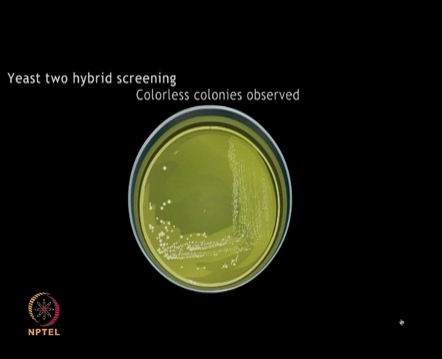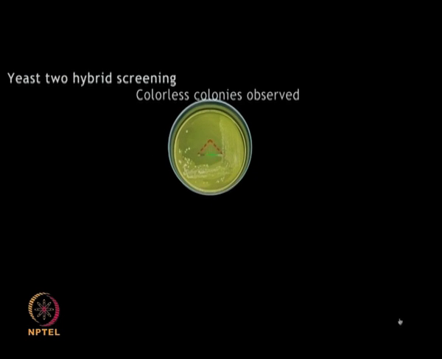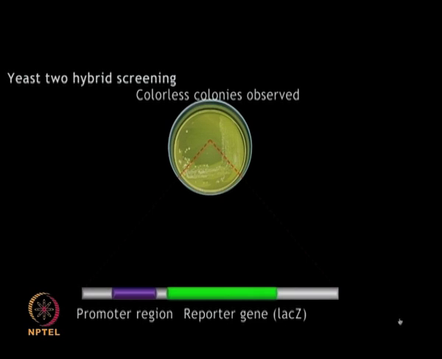We will now talk about yeast two-hybrid. In yeast two-hybrid screening, the transcriptional activator protein, composed of a binding domain and an activation domain, binds to the promoter region. This is essential for expression of the corresponding reporter gene located downstream of the promoter.